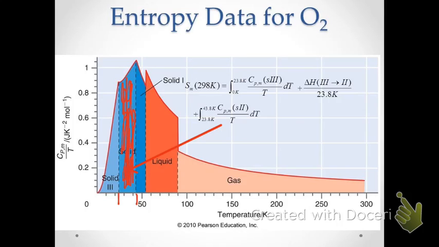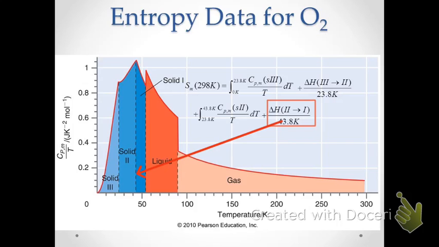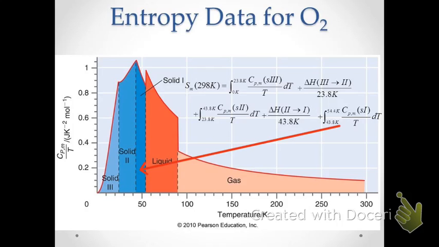So then again, at 43.8 Kelvin, of course, there's a transition from solid phase 2 to solid phase 1. So we need to add the entropy change corresponding to that particular transition, using the enthalpy change for that transition and, of course, the transition temperature. And then as we continue to go up the ladder of temperatures, we are at solid phase 1, and we do the integration from 43.8 to 54.4, which is the melting point of solid phase 1.